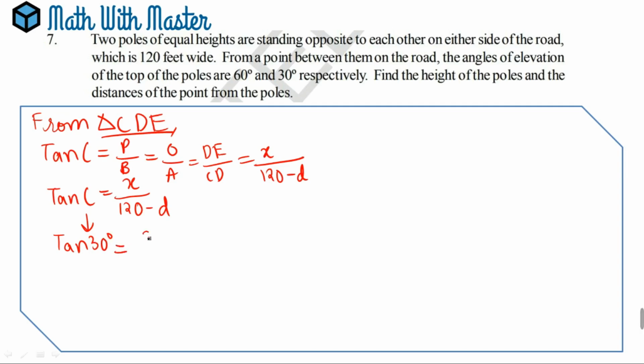So tan 30 degrees is equal to X upon 120 minus D.